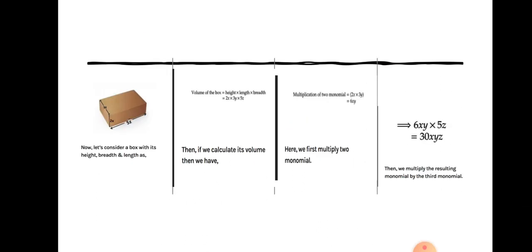Now let us take the example of a cuboid with length, breadth and height. What is the volume of that cuboid, that box? That is L into B into H, that is 2x into 3y into 5z. When you are multiplying more than two monomials, you will multiply two monomials first and its answer will be multiplied with the third monomial.